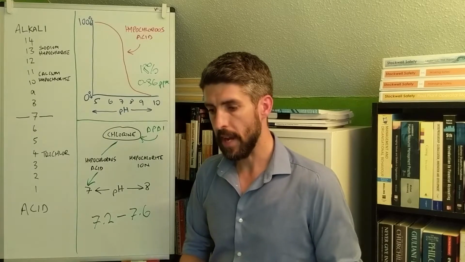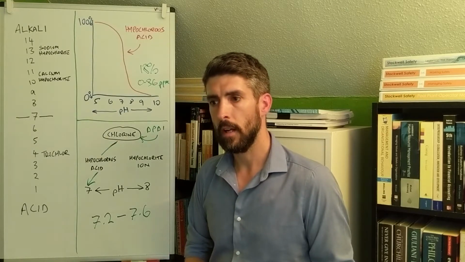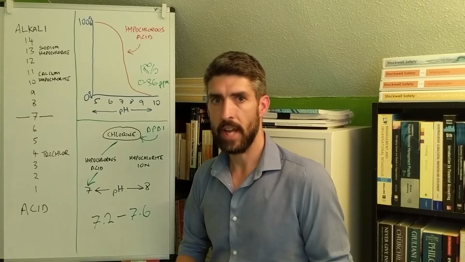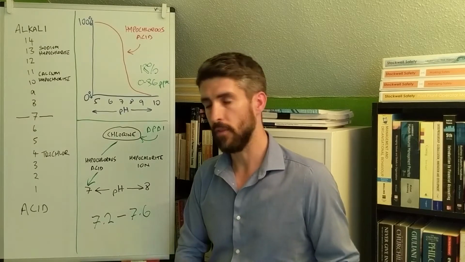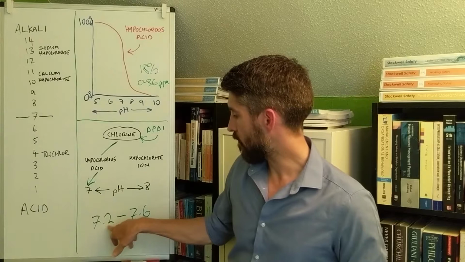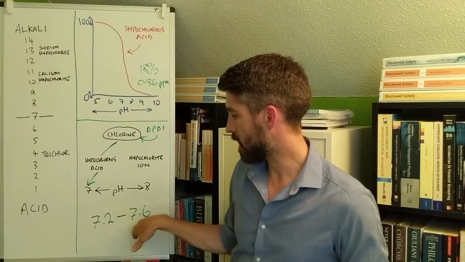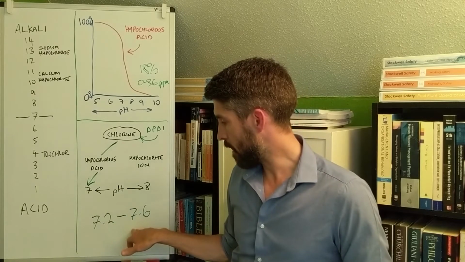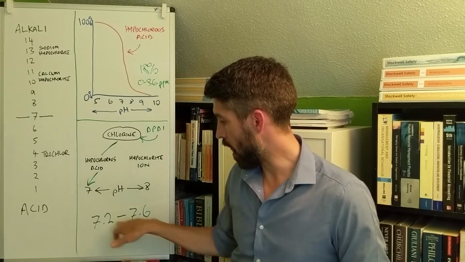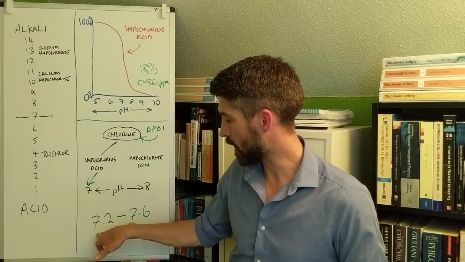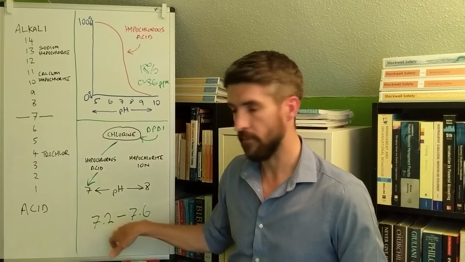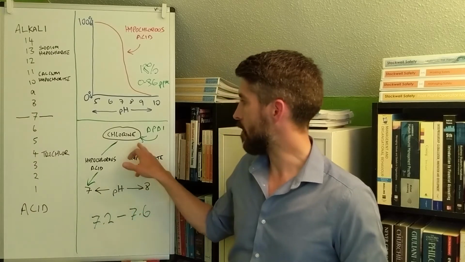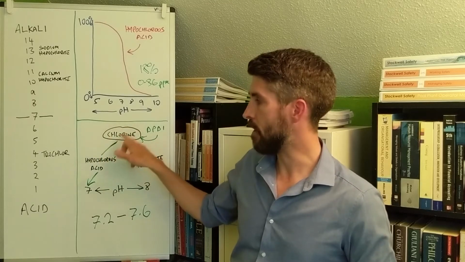So the key message with pH is it's just as important as a test as is the DPD-1 for free chlorine. Keep it between 7.2 and 7.6, that's the industry standard range, but try and keep it, if you can, towards the lower end of that scale. So 7.2 to 7.4 would be even better to get the most bang for your buck out of your chlorine.